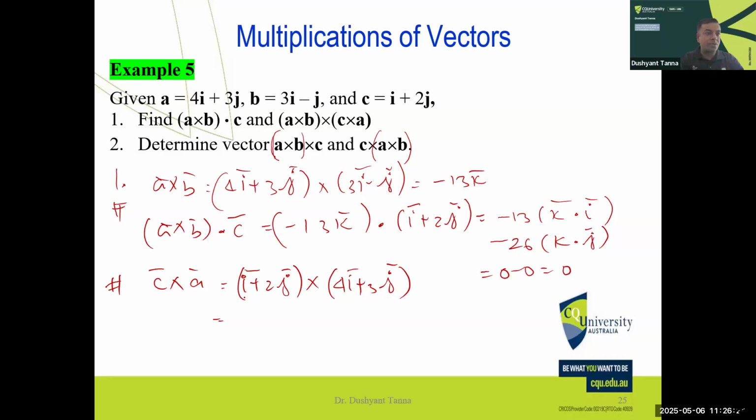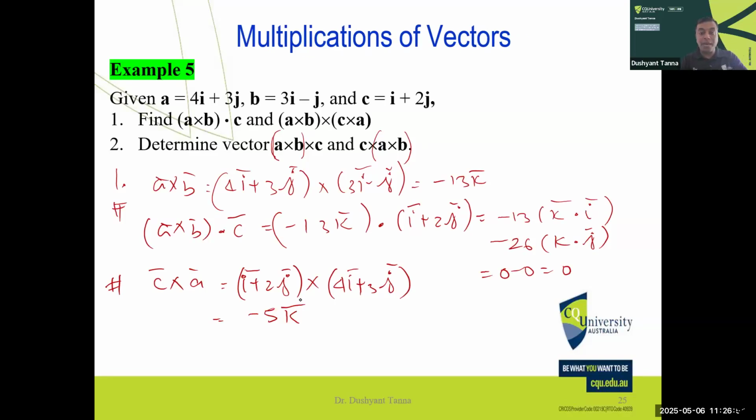Just making sure. No, sorry, i plus 2j, C cross A. Maybe that one my working is wrong. Anyway, it doesn't matter. It will have a k. So that one is 3 minus 8. So can I say minus 5k?